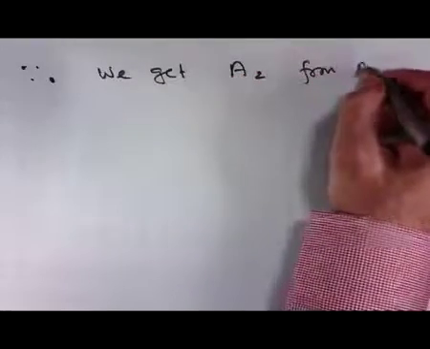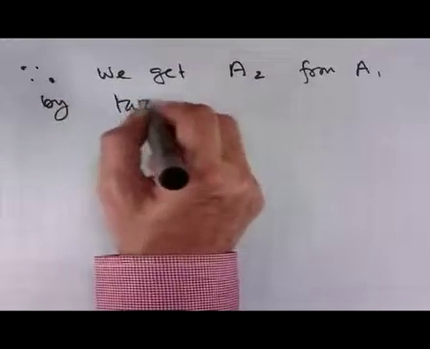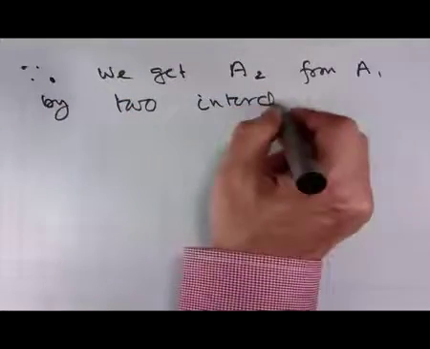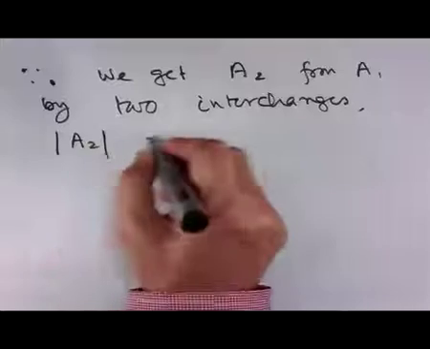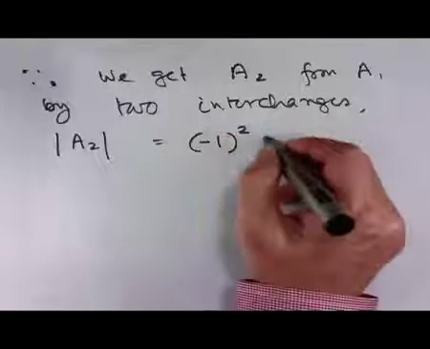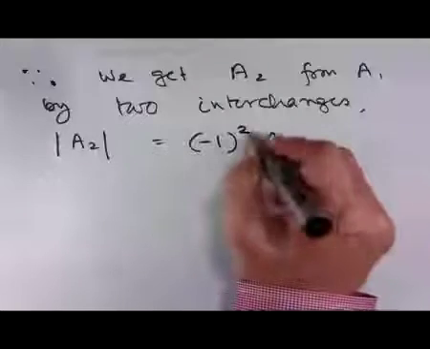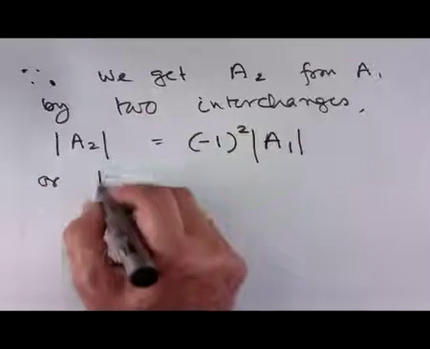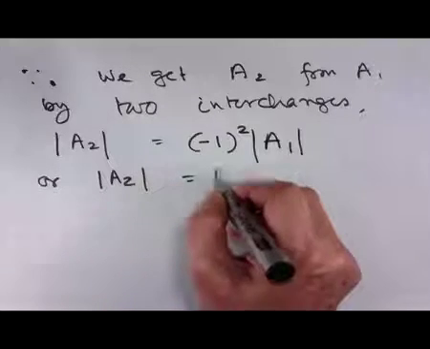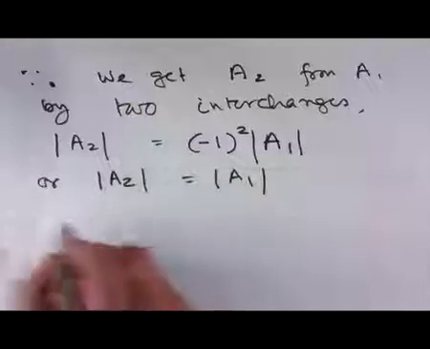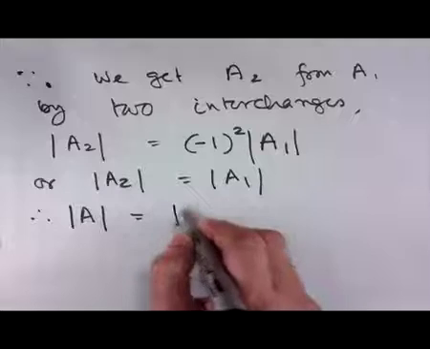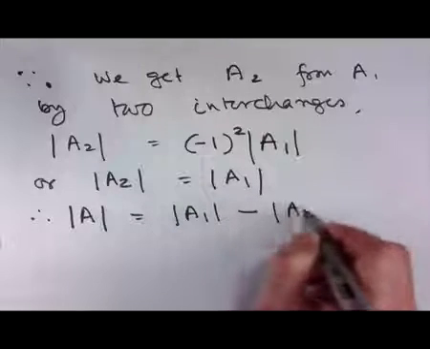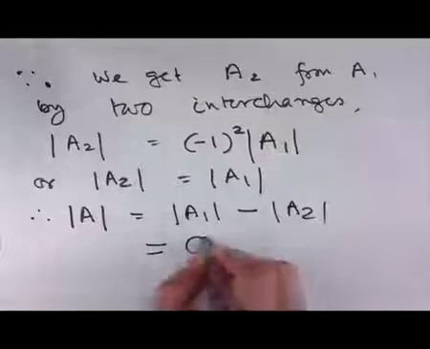Since we get A 2 from A 1 by two interchanges, the determinant of A 2 is equal to minus 1 square times the determinant of A 1, or the determinant of A 2 is equal to the determinant of A 1. Therefore, the determinant of A is equal to the determinant of A 1 minus the determinant of A 2, which is equal to 0.